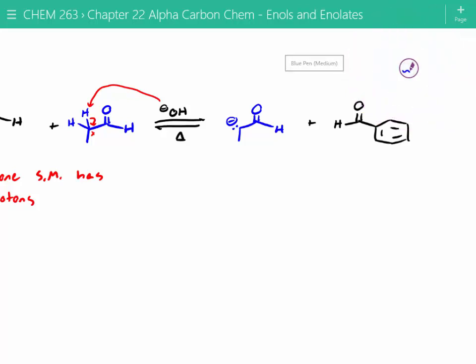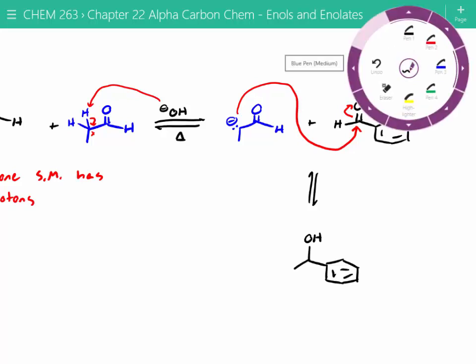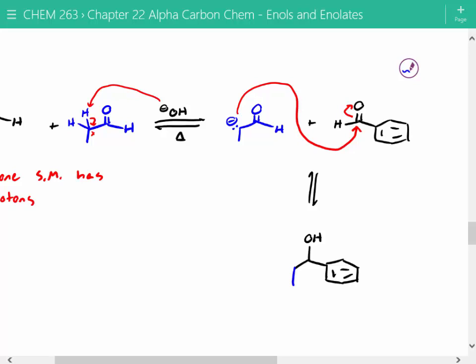So the benzaldehyde can act as an electrophile, and our enolate will add in. And then we end up with our, sorry, there should be a negative charge on our alkoxide.